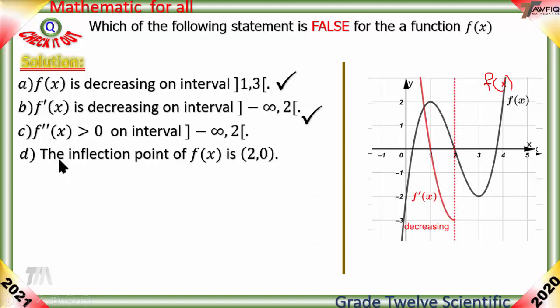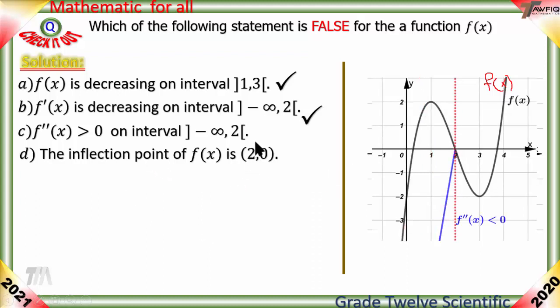And now, f''(x) bigger than 0 on the interval (-infinity, 2). That is not correct, because on this interval from minus infinity to 2, the function f(x) is concave down, so the second derivative must be negative, not positive.